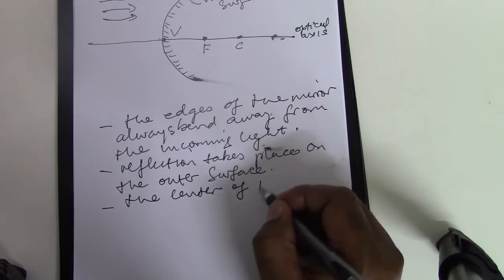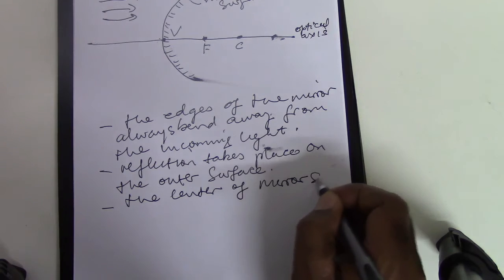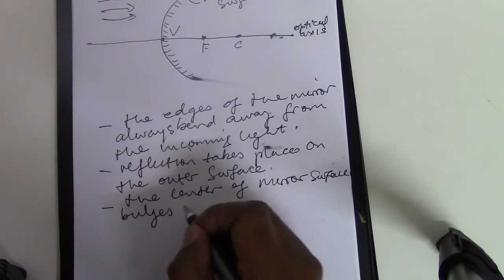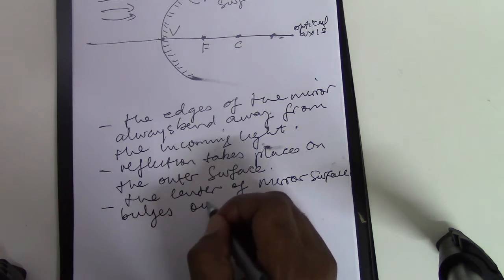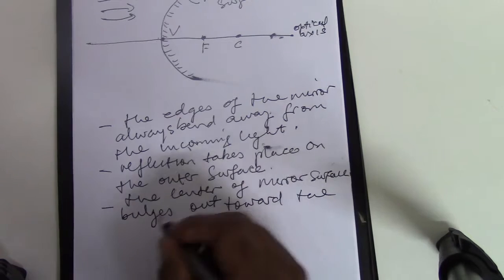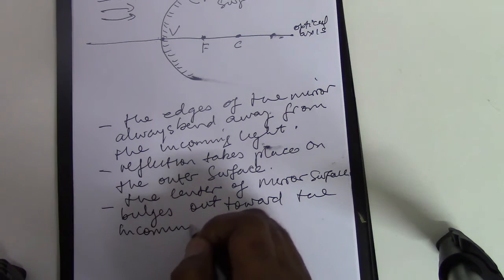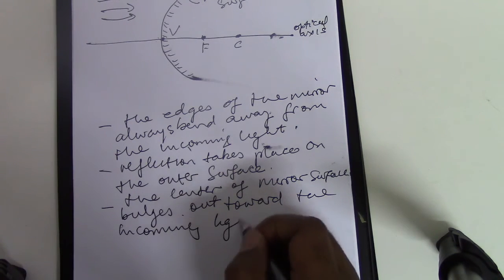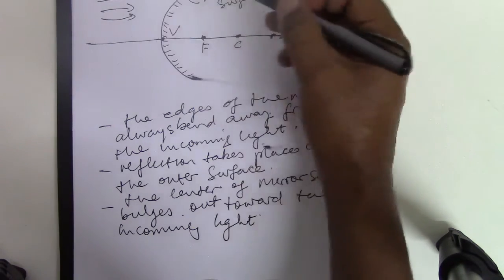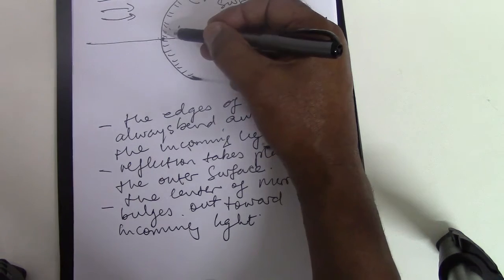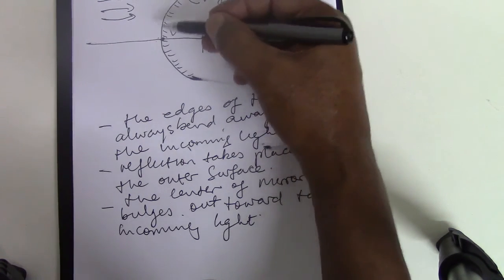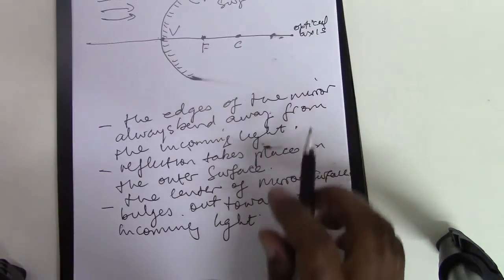Now, the center of the mirror surface bulges out toward the incoming light. You can see the center here of the mirror bulges towards the incoming light.